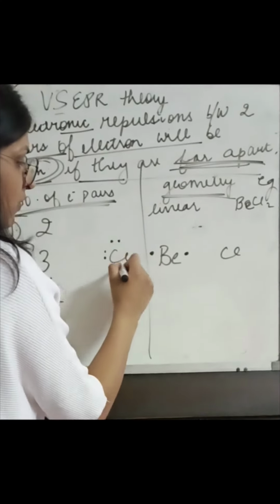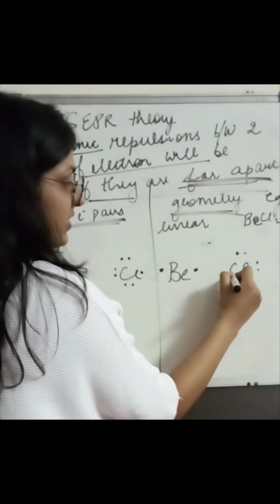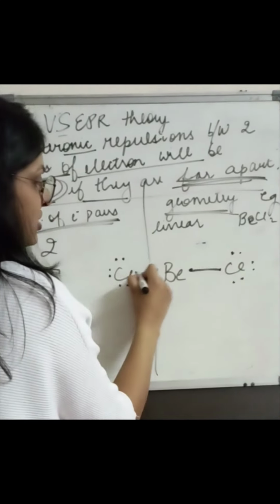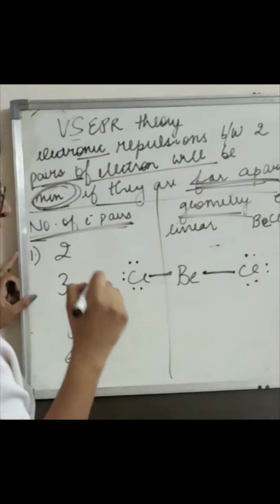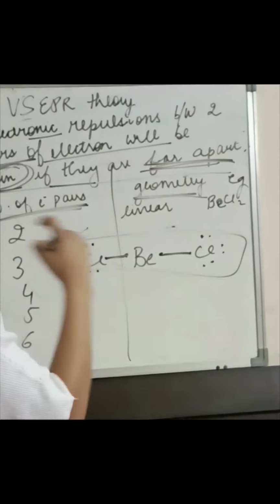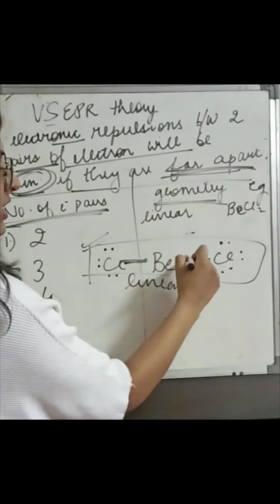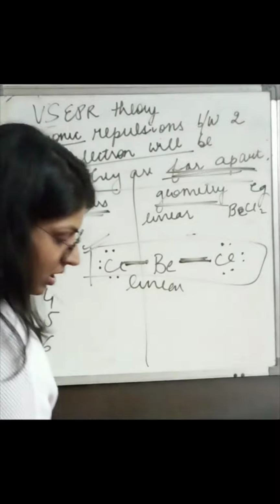It will share electrons. Hence we see that this forms a linear structure when there are 2 electron pairs, 1 electron pair and another electron pair.